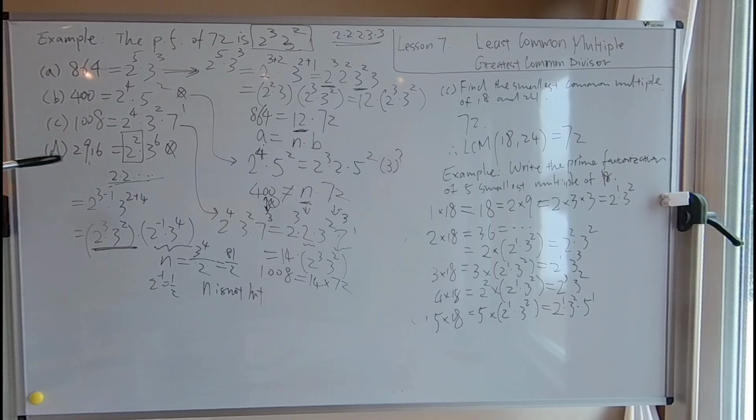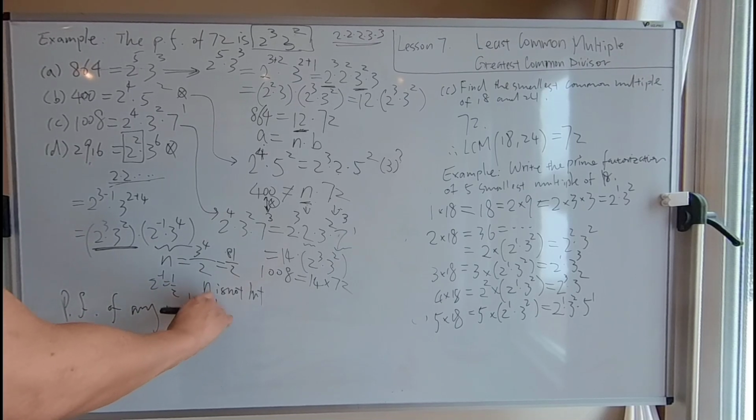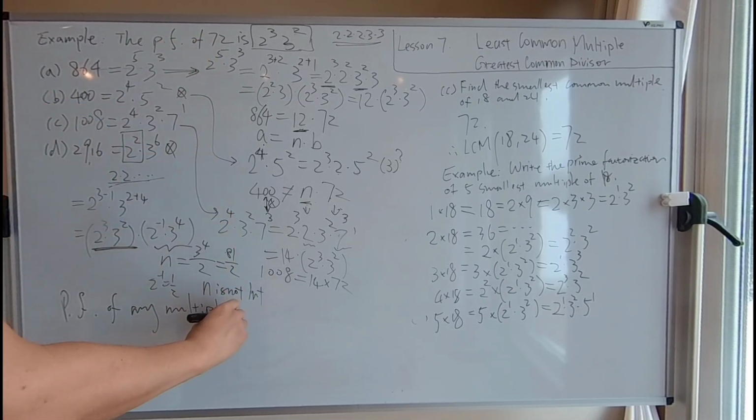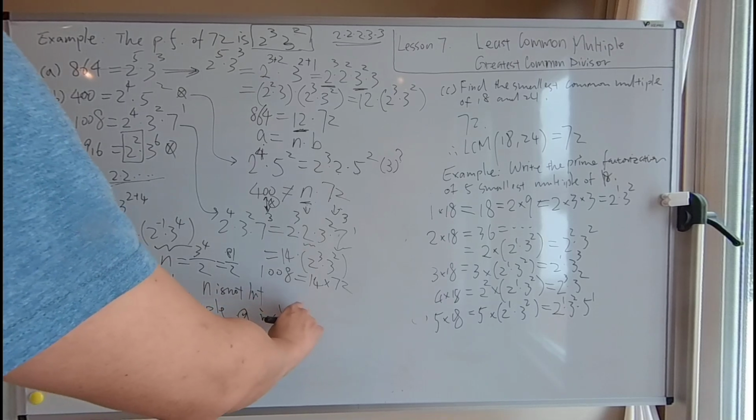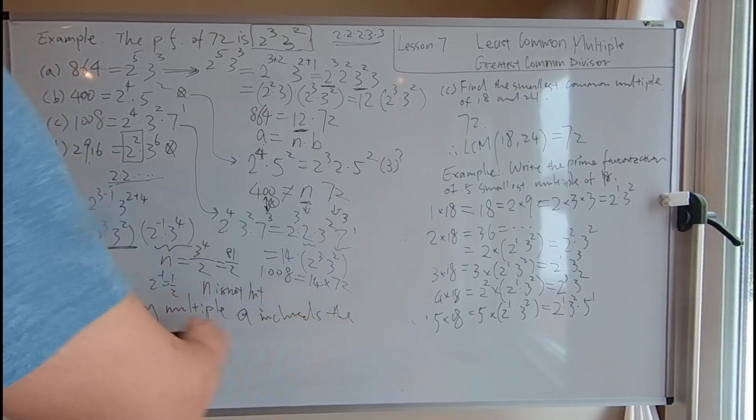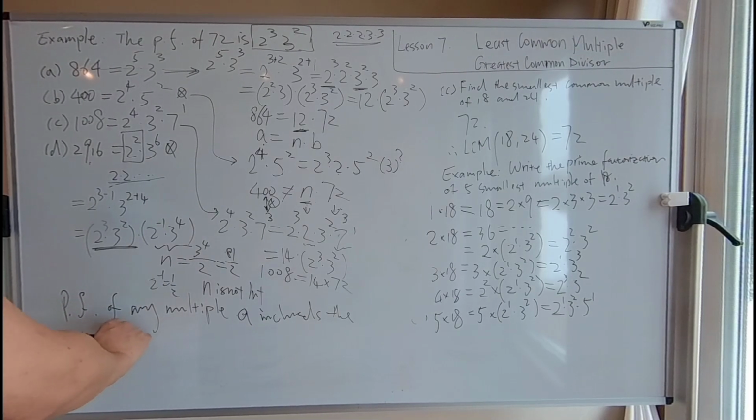Right, so we can conclude from here. The first thing we can conclude is that the prime factorization of any multiple of 72, and here this 72 can be generalized as any number a, includes the prime factorization of a.